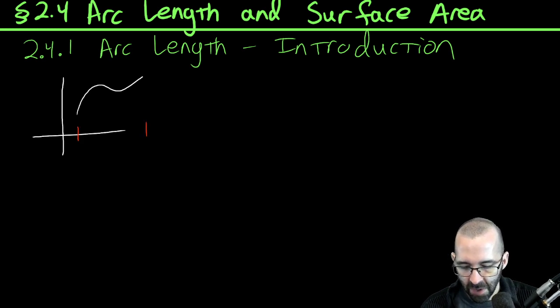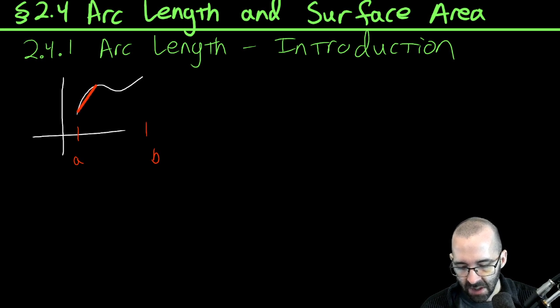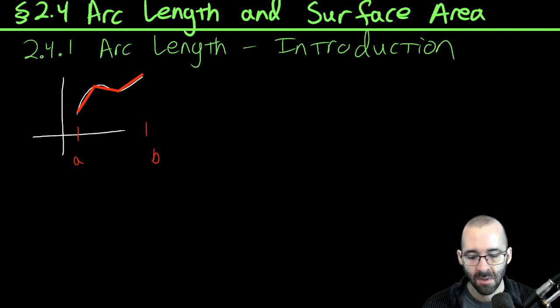All right, so again, let's say we're going from A to B. We're not going to use horizontal lines anymore because that's going to give us some weird issues. We're going to approximate this with vertical or diagonal lines. So let's approximate the arc length like this. We can calculate the length of lines, no problem.